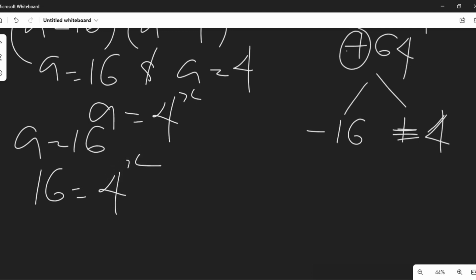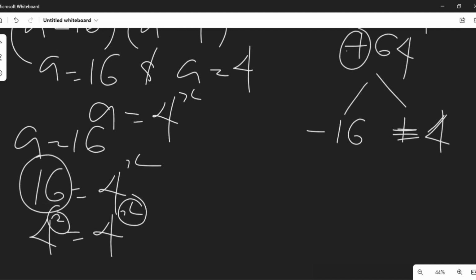And 4 raised to power 2 will give us 16, so that is equal to 4 raised to power x. Since we have the same base, the powers will equate, and that will give us x equal to 2. So the value of x in this instance will be 2.